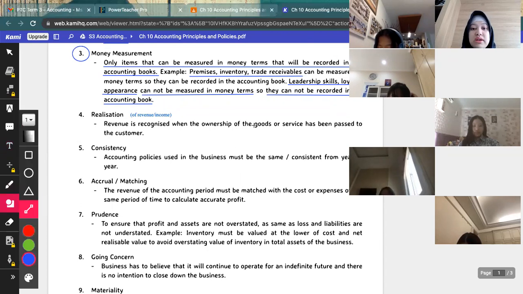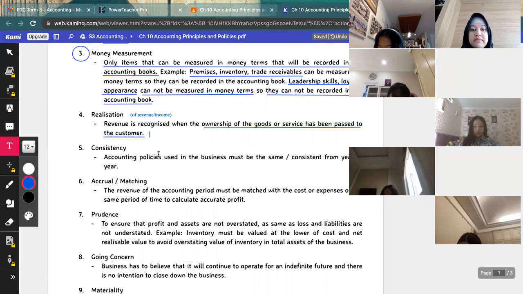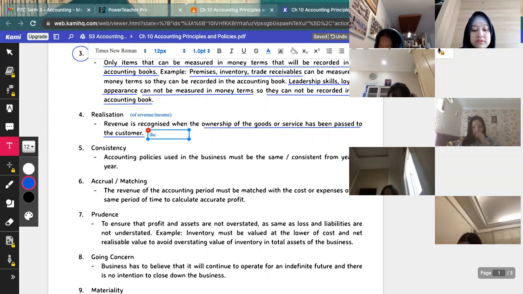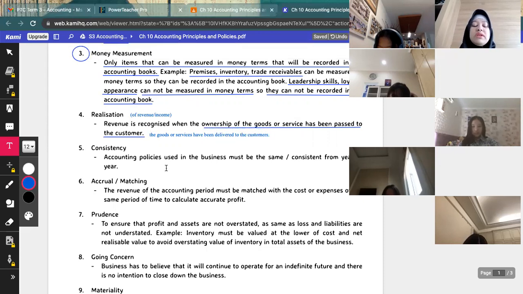Now this one has been passed to the customer. So it means the goods or services have been delivered to the customer. What is the example?